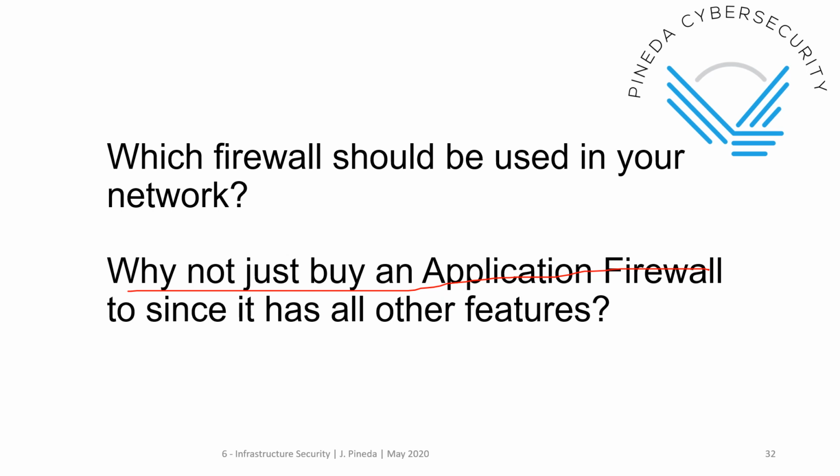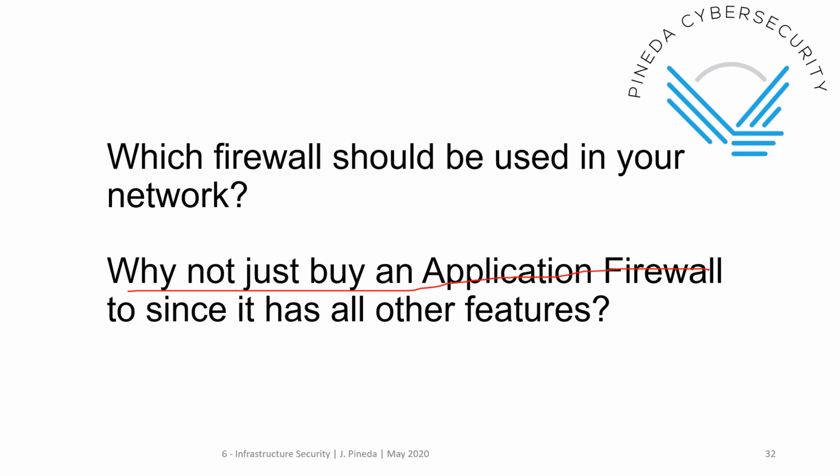Because if the application firewall is deployed, since it checks all layers, it will be slower than the normal firewall. That's why in the usual implementation, it's the packet filtering firewall that is placed at the topmost part of the network because it has to be fast. It has to check the traffic faster.